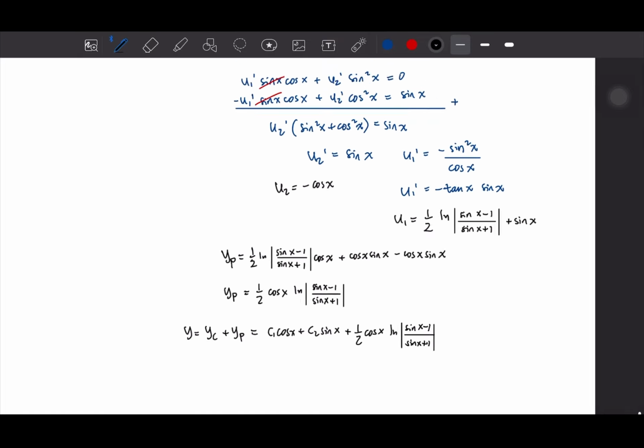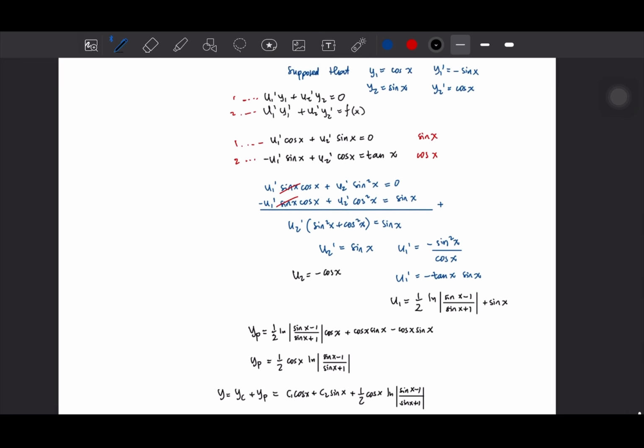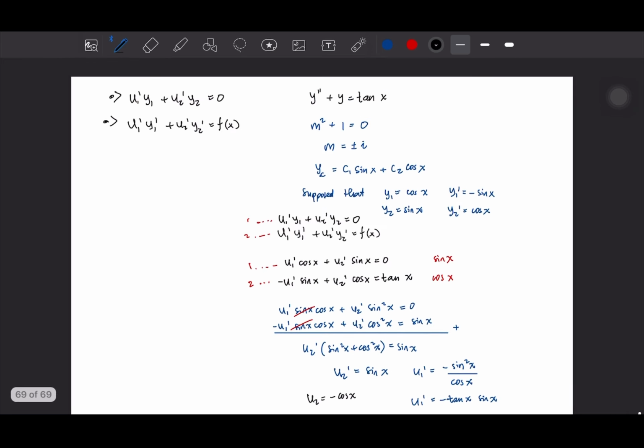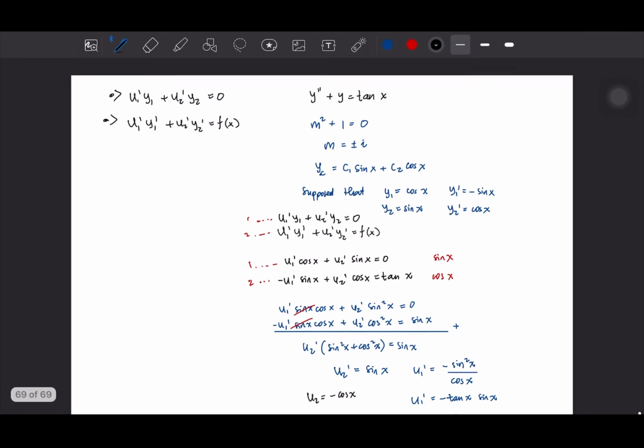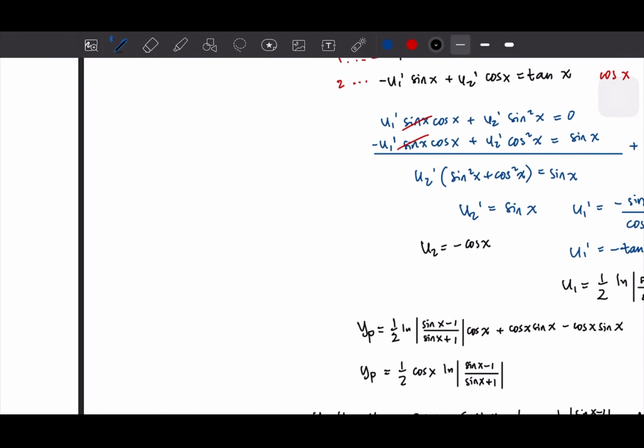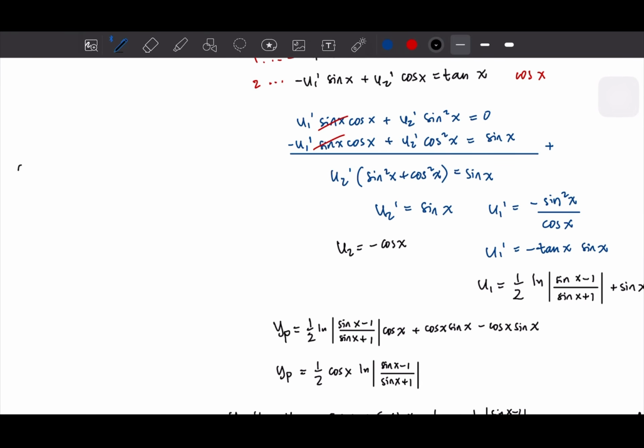Okay, so what we did here is basically the first idea. Let me just take some notes here. Note that this idea came first, that we take yp as having a function u.